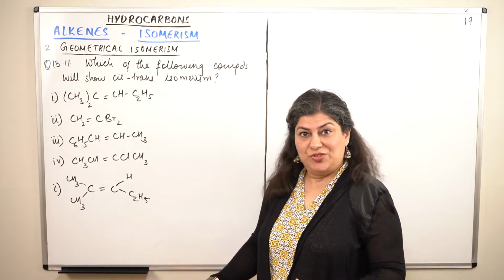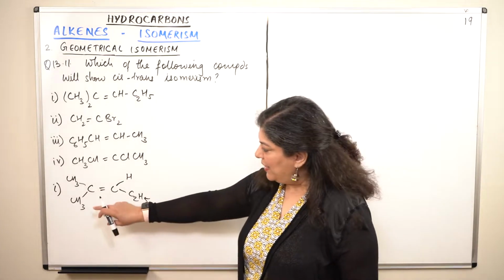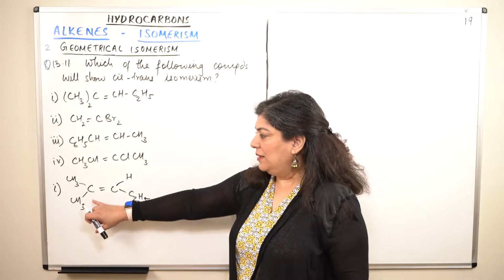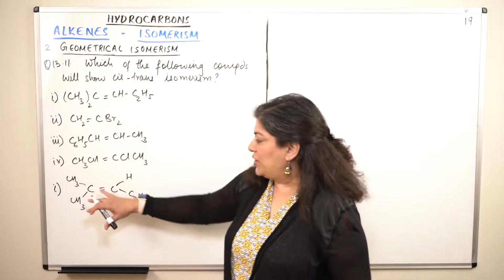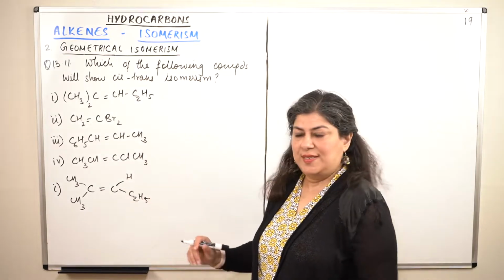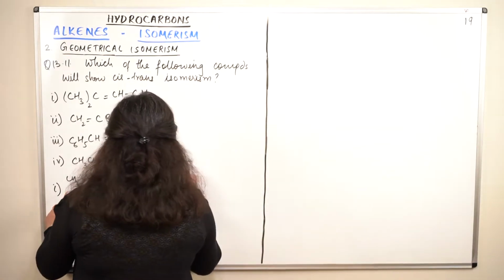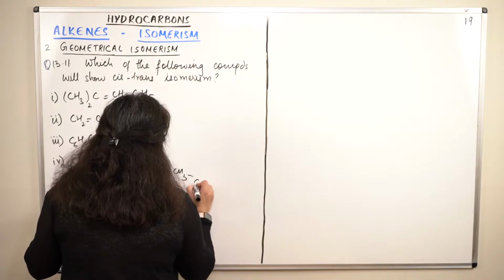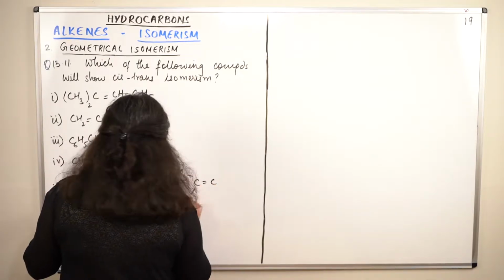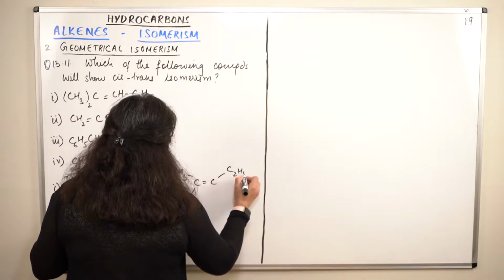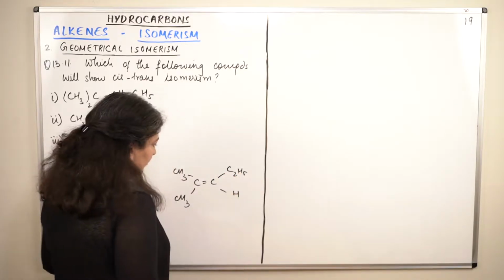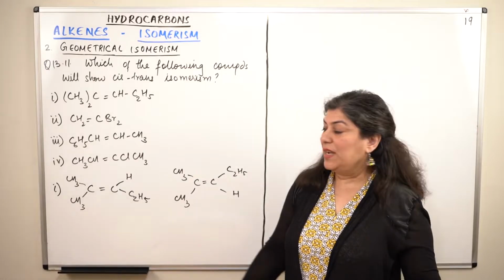If you draw the structure, what do you realize? Even if I moved one of these, the 2 methyl groups are the same. So even if I switch these, let me try and do it. I have CH3, C, double bond C, CH3, and here I'm switching C2H5 and H. The 2 compounds are the same, they are identical.